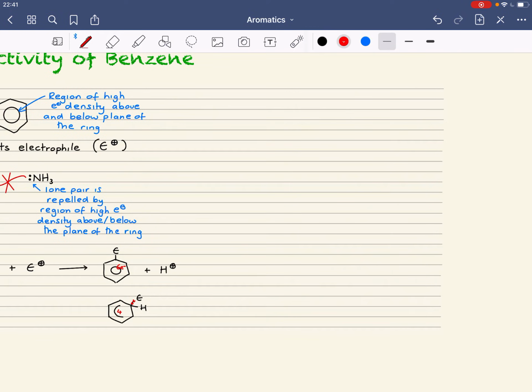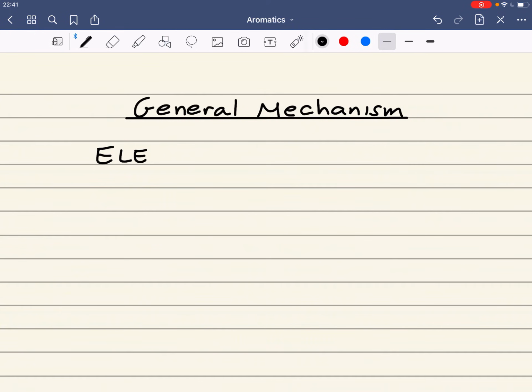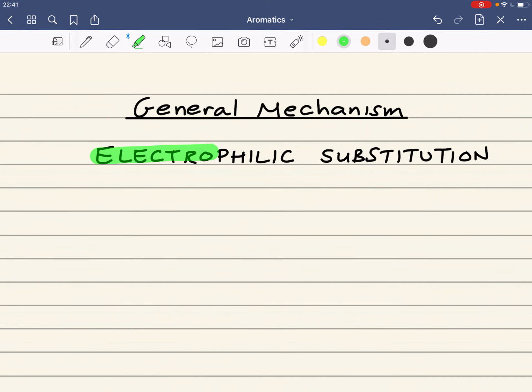That brings us on to the mechanism, the general mechanism of benzene. And the name of this mechanism is electrophilic substitution. And we've explained earlier on in this video why that is. Why does it attract electrophiles?